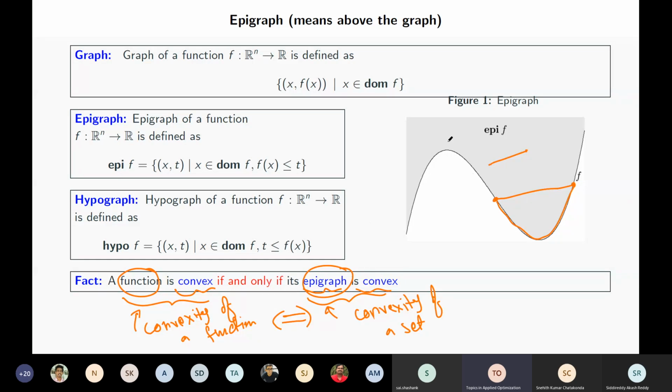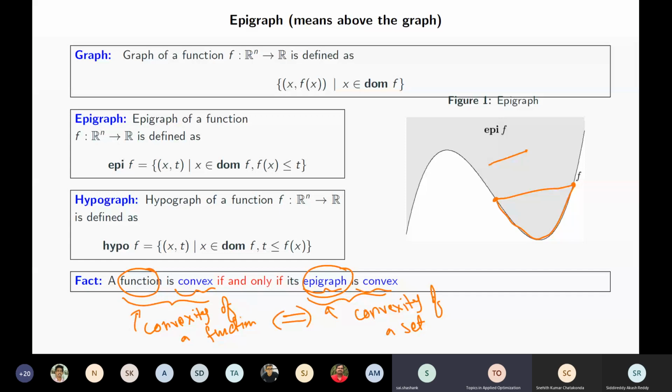So in this case, for this function, what do you think? Is the epigraph a convex set for this example?